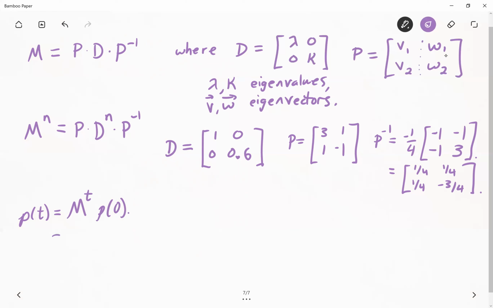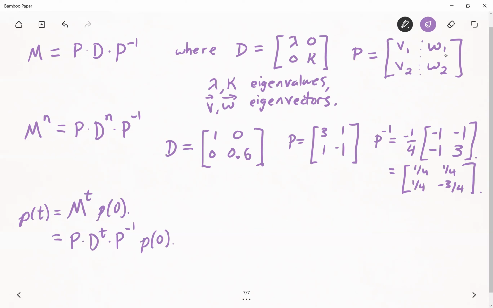But here, because we know we can diagonalize our matrix, we can also write this as P times D to the t times P inverse times the population at time 0. And here I'm trying to use a lowercase p for the population at time t function and a capital P for the eigenvector matrix.